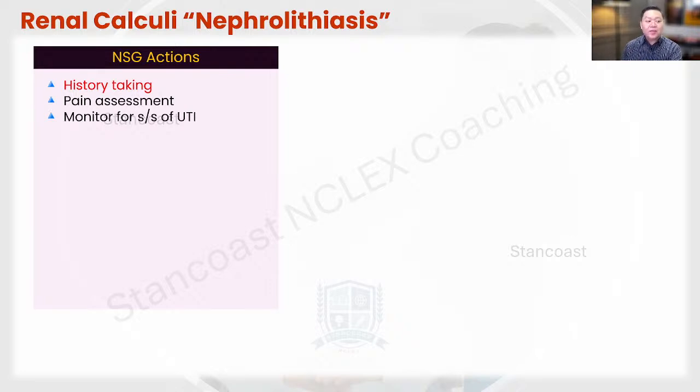And again, the manifestations of UTI will be commonly seen in our patient, like chills, it could be fever, or it could be dysuria, difficulty urinating, or let's say there is frequent trips to the bathroom, and the patient will not really fully empty their bladder. I'm not talking about retention, but just frequency because of the irritability in the urinary tract or the urethra. They will have that urge to pee.